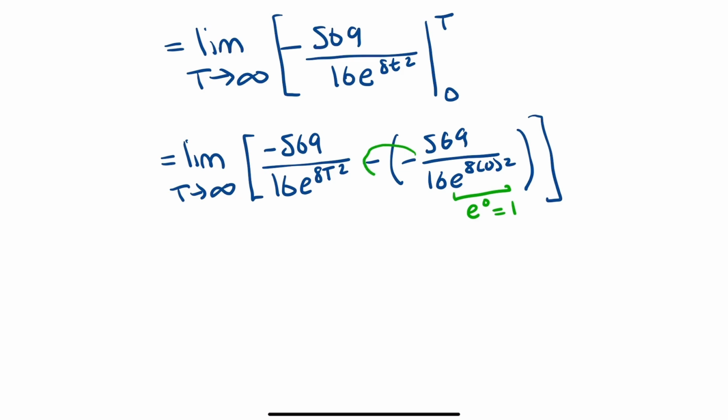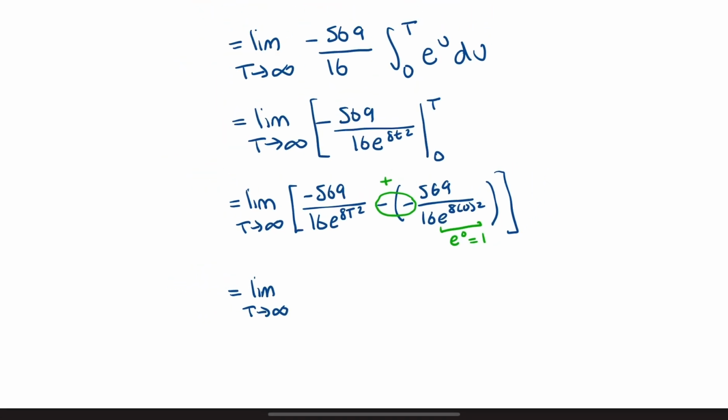And this double negative should become a positive. So just watch out for that. And so now we're going to get the limit as big T approaches infinity of negative 569 over 16e to the power of 8 big T squared plus 569 divided by 16.